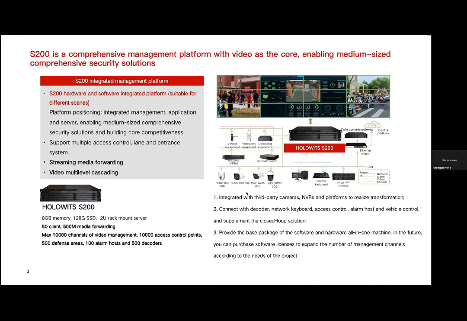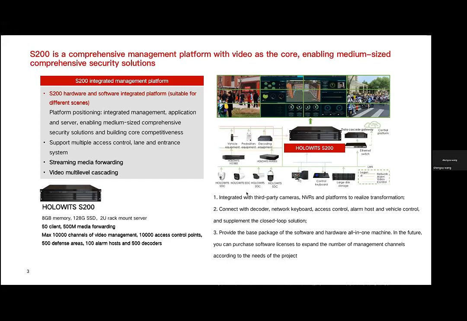So as a summary, in this slide you will see the HOLOWITS S200 is a hardware and software integrated platform, and it can support more than 50 clients to log in and do the media forwarding. The maximum capacity of S200 is about 10,000 channels of video management.